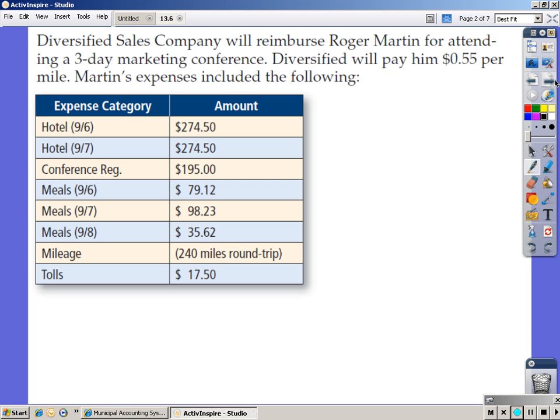So, take the 240 miles times 0.55, work that on your calculator. 240 times 0.55, you get 132. Take 132 plus all the others, add everything up, okay?